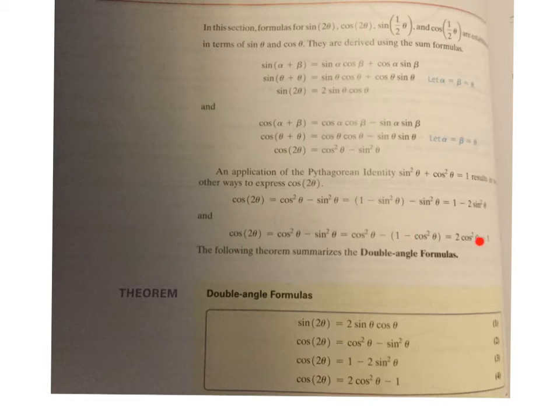Things double up, and we get this one right here. So that's how you get those 4 formulas. Now, like I said, cosine is kind of weird because it has 3 double angle formulas, whereas the sine just has the 1. And this is the one I like to memorize. It really is my favorite trig formula.